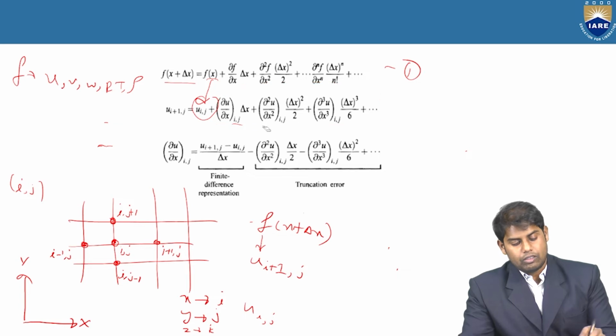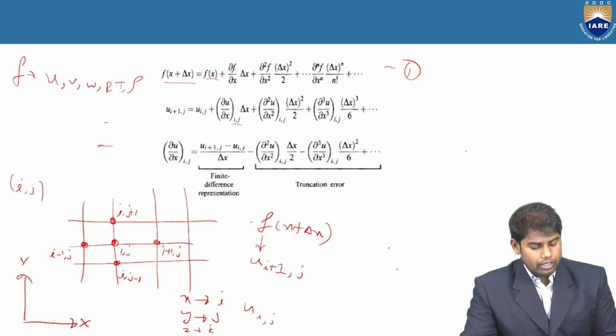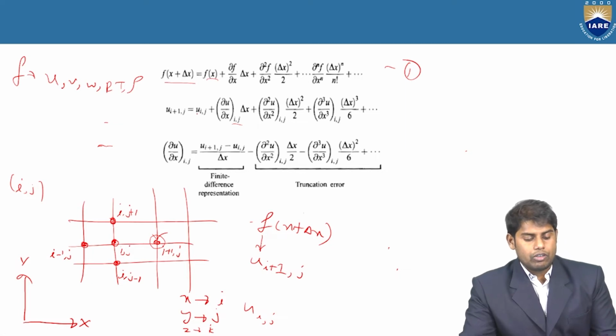Here, what we are finding is the velocity at this point. It is calculated by the Taylor series expansion. The velocity at the next point is a function of the initial point and the derivatives at that particular point.